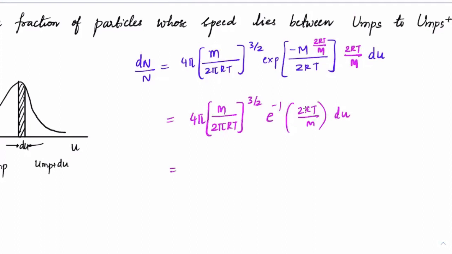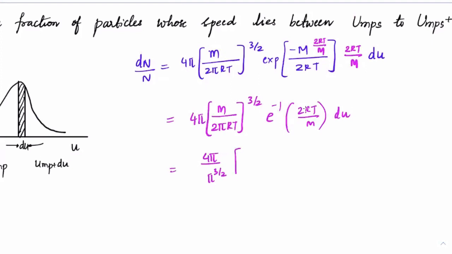Now this RT by m, I can bring inside as well, because this is m raised to power of minus 1. So m raised to power of 3 by 2 minus 1 will give m raised to power of half. And the same 2RT also I can put down here. Therefore, only pi I have to remove, so 4 pi by pi raised to 3 by 2.